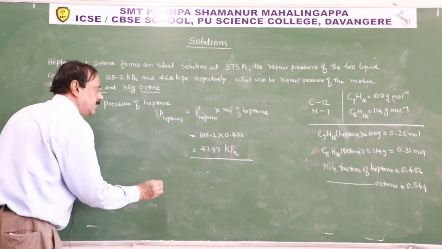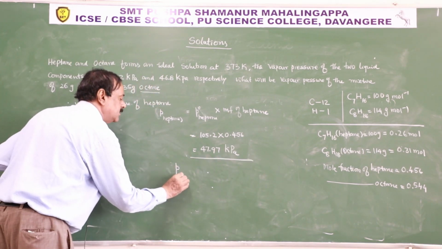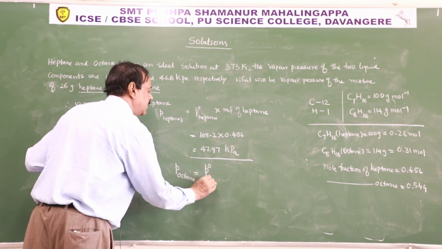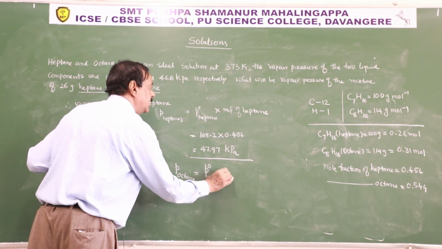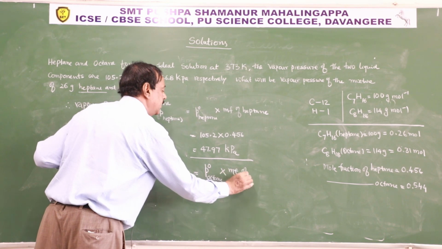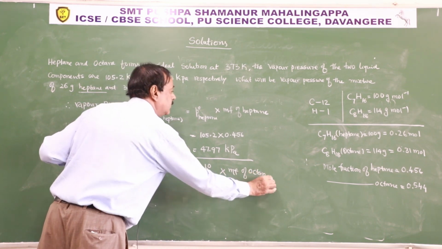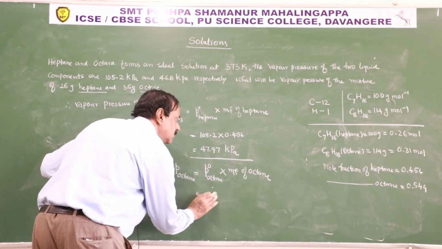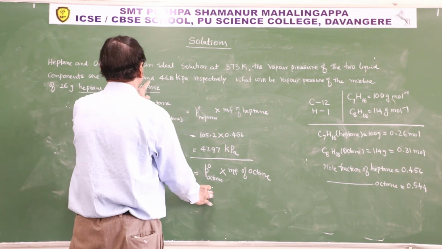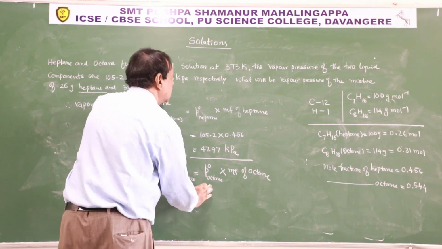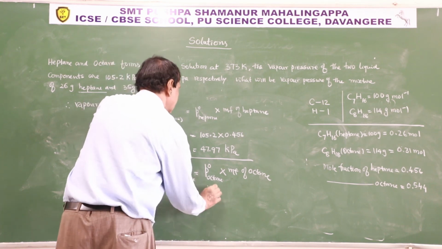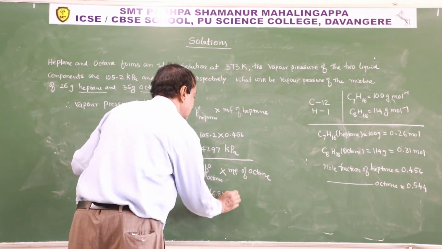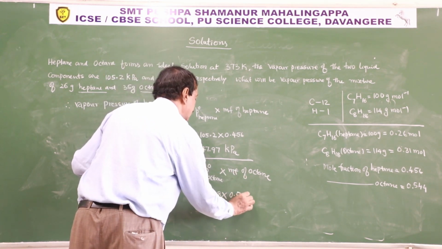Similarly, the partial pressure of the octane is given by P naught of the octane into mole fraction of octane. What about the P naught of octane? P naught of octane is equal to 46.8 into mole fraction of the octane, 0.544.